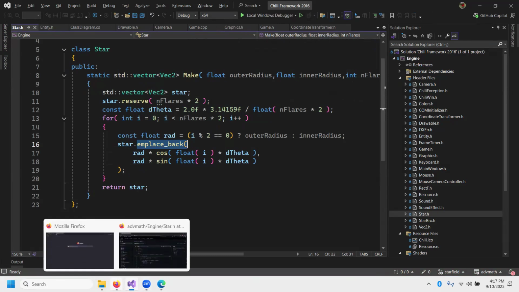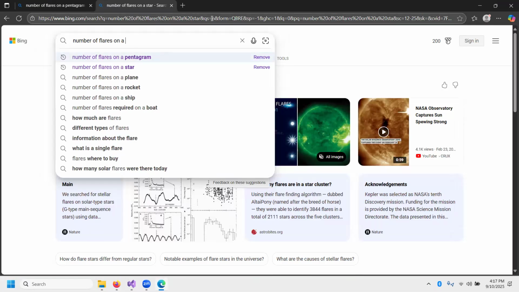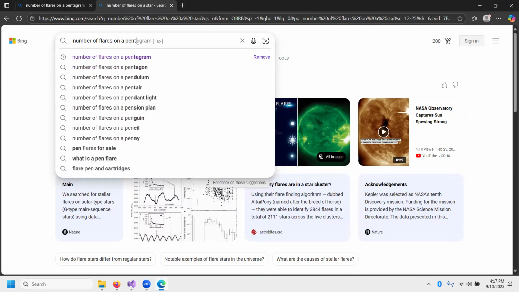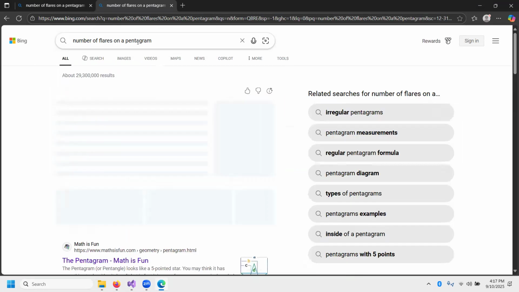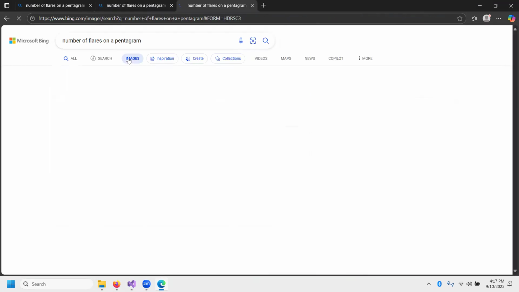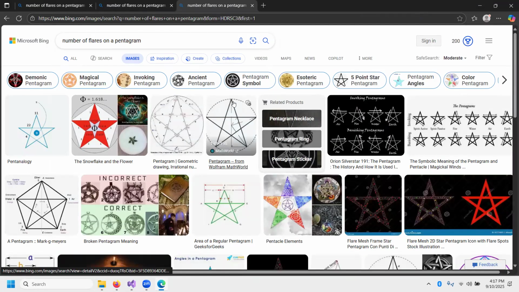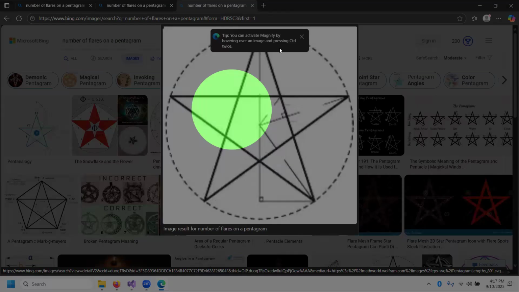Just because I'm getting interested in going into more detail on that, a five-pointed star, also known as a pentagram, has one, two, three, four, five, six, seven, eight, nine, 10 points on it.